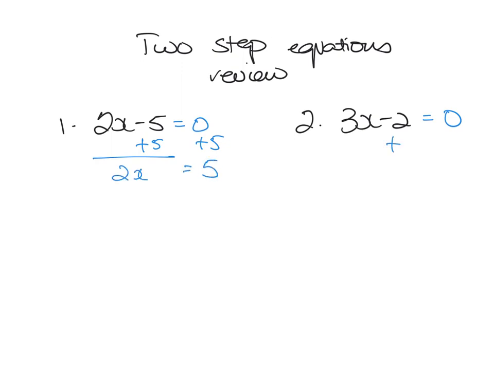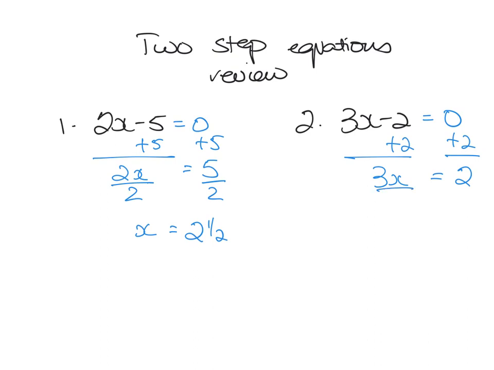And we add 2 to both sides, and we get that 3x is equal to 2. Now they both have become one-step equations. So we divide by 2, and we get that x is equal to 2.5. Divide both sides by 3, and we get that x is equal to 2/3.